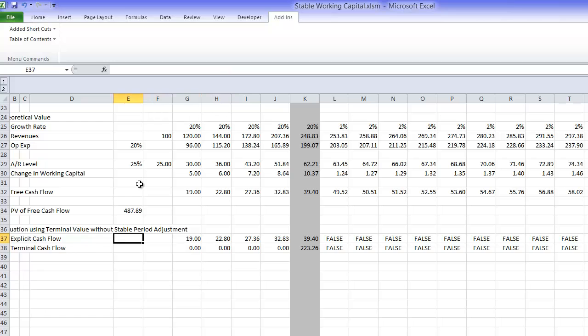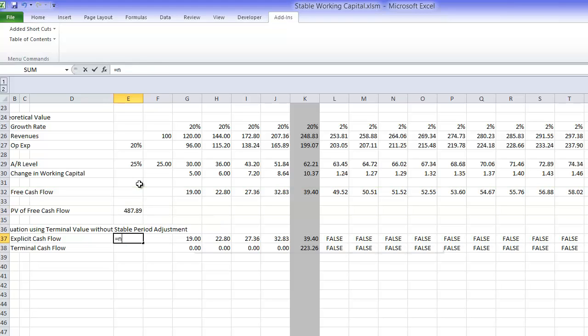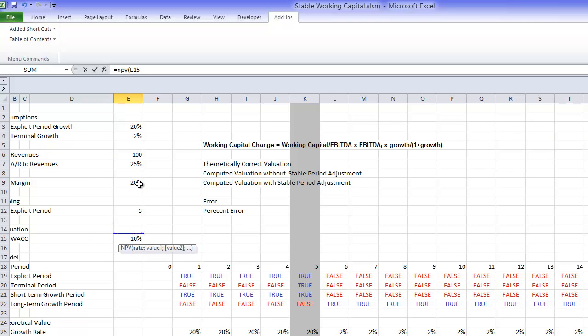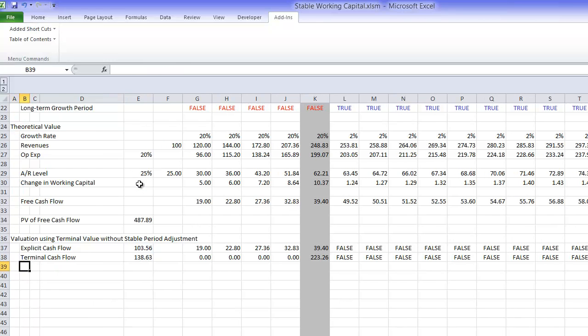So then we'll compute the NPV. We should just use the WACC again. Okay, the enterprise value is 242 instead of 487.